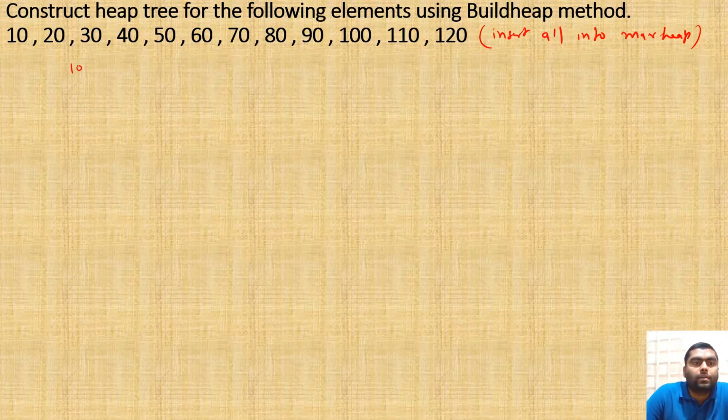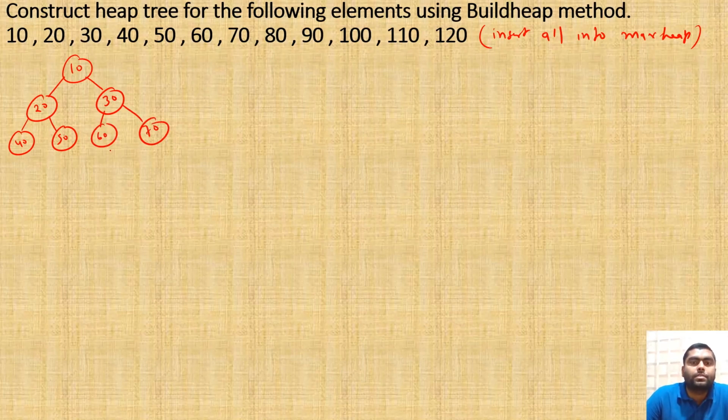Like 10, 20, then 30, then 40, 50, 60, 70, 80, 90, 100, 110 and 120, like this. Simply insertion. Insert all into the max heap one time.